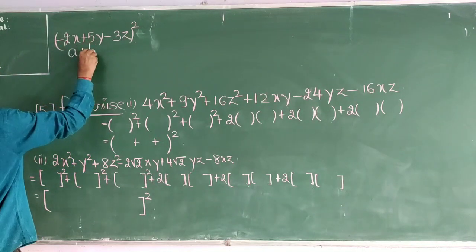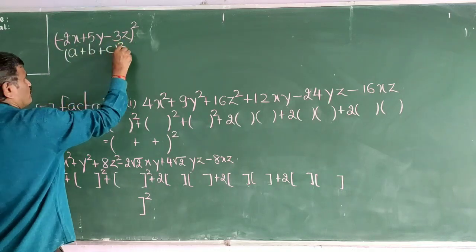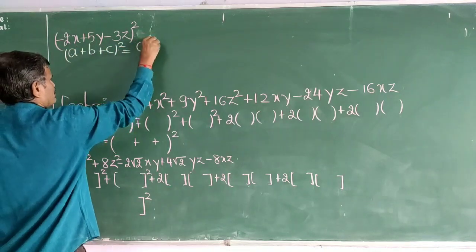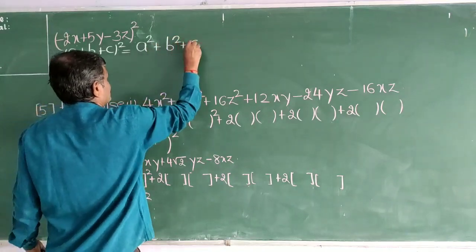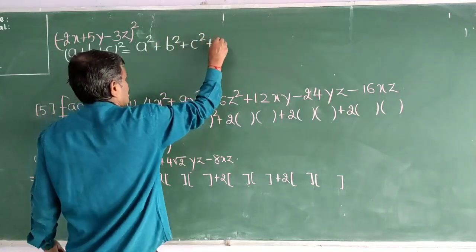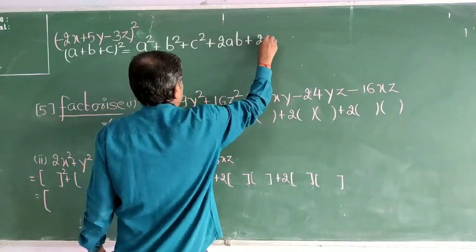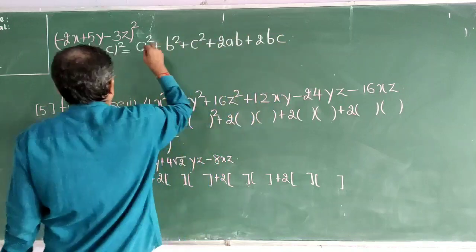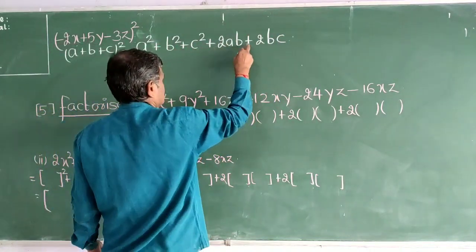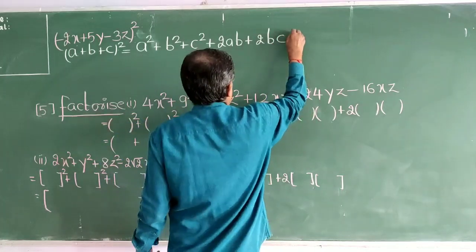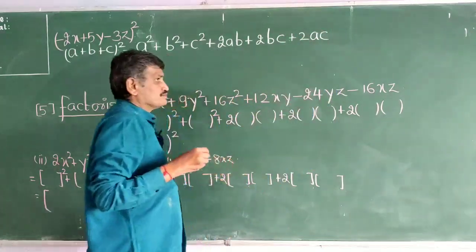a plus b plus c whole square is always equal to what? a squared plus b squared plus c squared plus 2 into ab plus 2 into bc, first term square plus second term square plus third term square plus 2 into first term second term plus 2 into second term third term plus 2 into ac or ca.